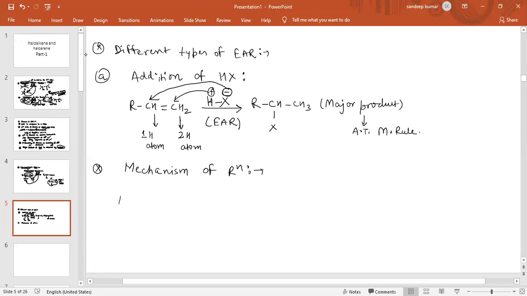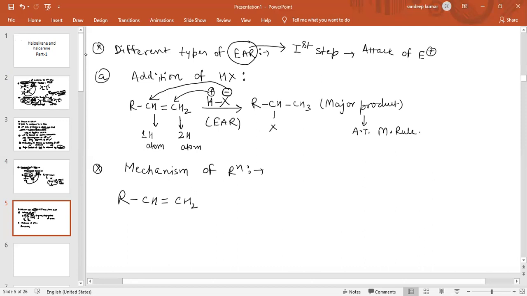If the compound is given like this, RCH double bond CH2, as we know this reaction is an electrophilic addition reaction, and in electrophilic addition reaction, in the first step, there is an attack of electrophile.